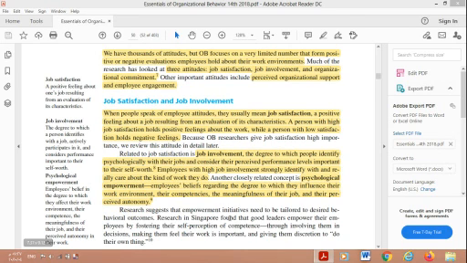Psychological empowerment is employees' feeling regarding the degree to which they influence their work environment, their competencies, the meaningfulness of their job, and their perceived autonomy.